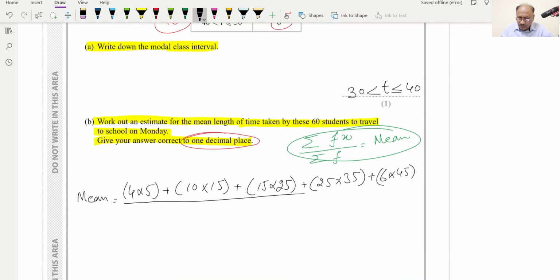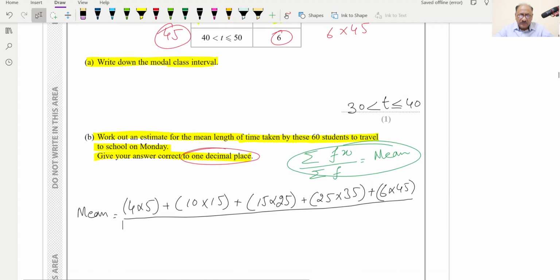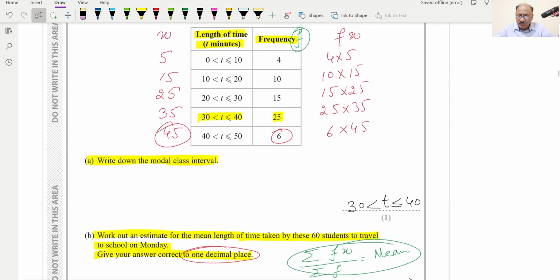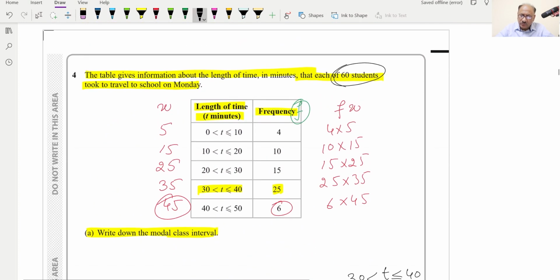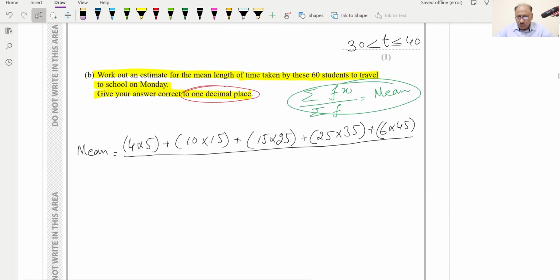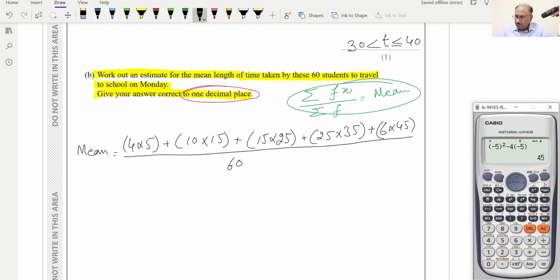This will be divided by sigma f, and sigma f is provided: 60 students. So this will be divided by 60. This is a lengthier calculation, so we have to be careful.